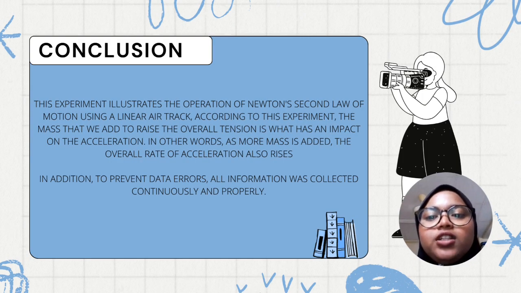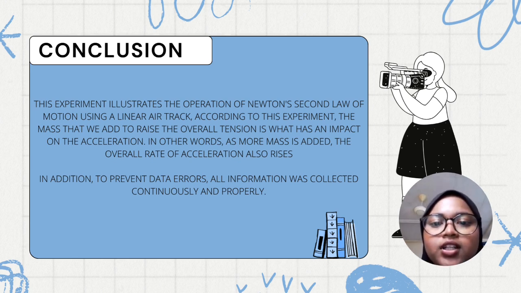In conclusion, this experiment illustrates the operation of Newton's second law of motion using a linear air track. According to this experiment, the mass that we add to raise the overall tension is what has an impact on the acceleration.